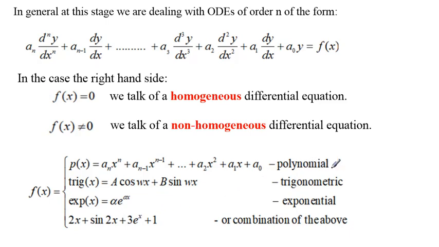Previously, we have looked at the right hand side being a polynomial function and being a trigonometric function, and we saw how we treat those kind of functions to get the particular integral. In this presentation, we're going to look at the exponential type of function on the right hand side of the equation.